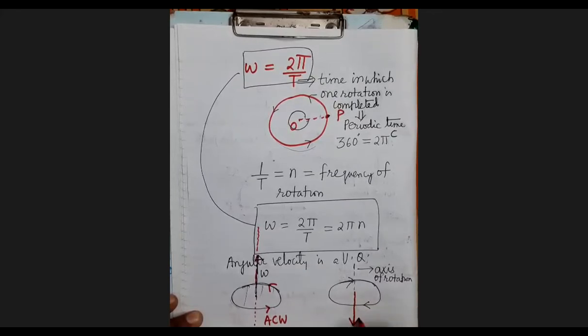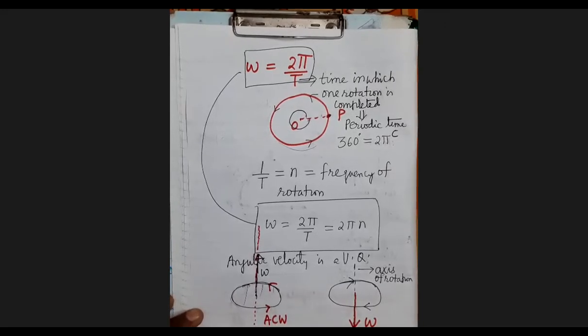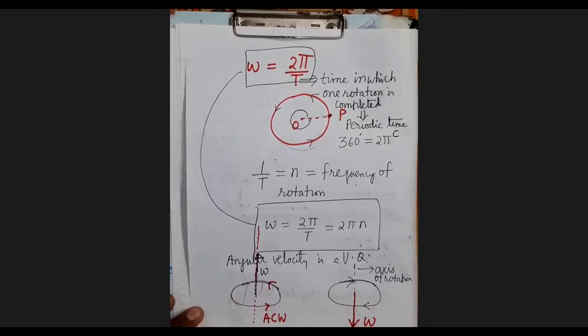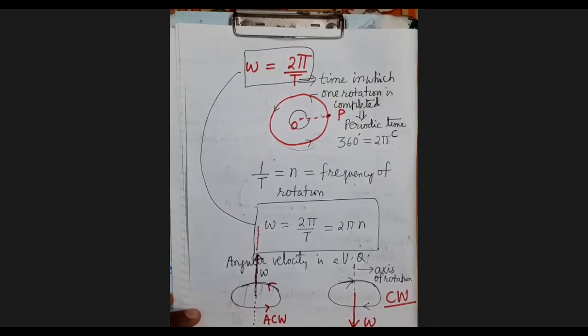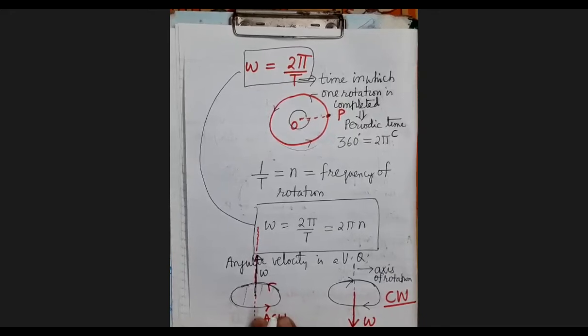It will be vertically down and normal to the plane of the circular path. So this you will remember: this is for clockwise and this is for anti-clockwise. Now see here, this is an axial vector, called an axial vector because it is acting along the axis.